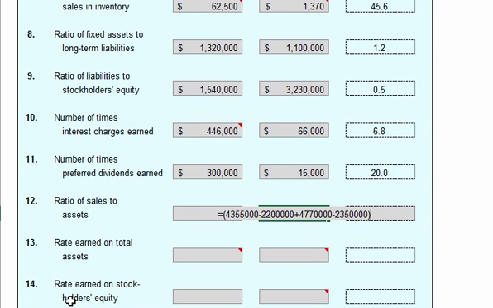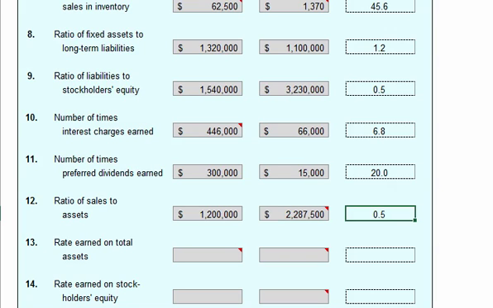And we wanted to get the average, so we'll divide that number by 2. So we get $2,287,500. That's average total assets excluding long-term investments. All that calculation for a half, right, or 0.5.